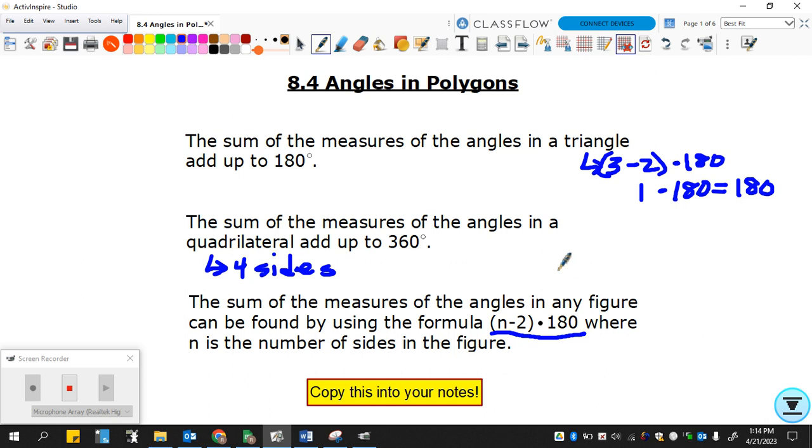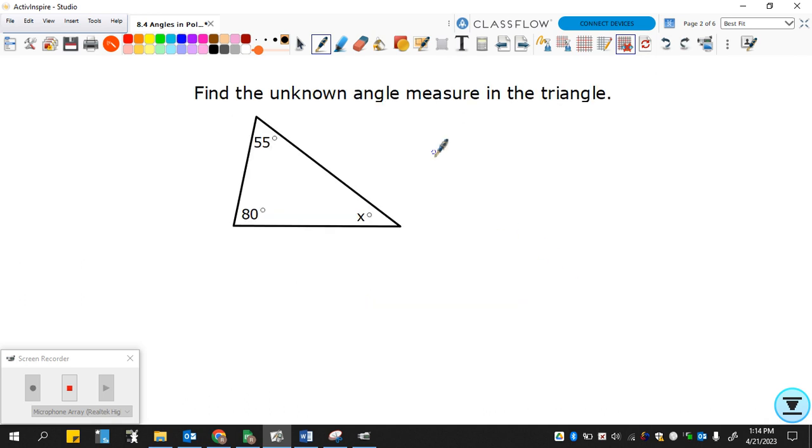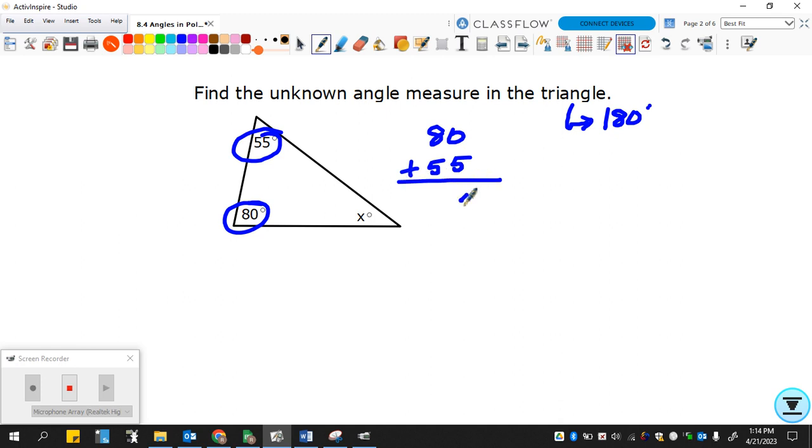So we're going to use that fact to find an unknown angle measure in a triangle. So this is a triangle, so we know it has to add up to 180 degrees. All right? So we know we have 2 of them, 55 and 80. So we're going to add those together. 80 plus 55 is 135.